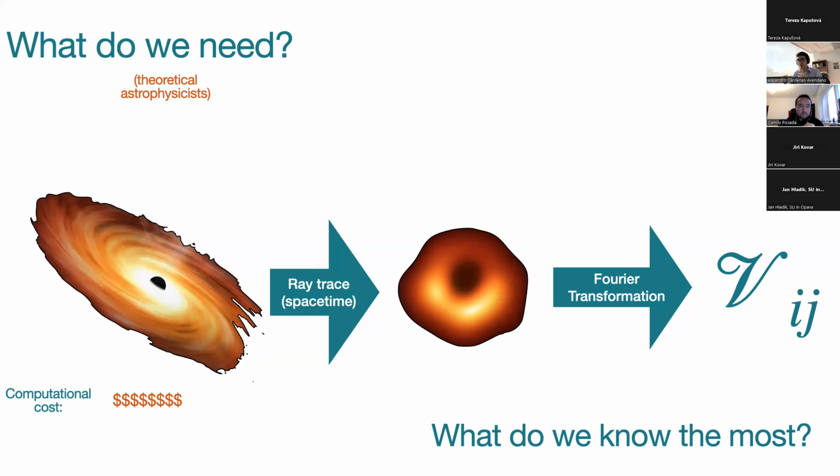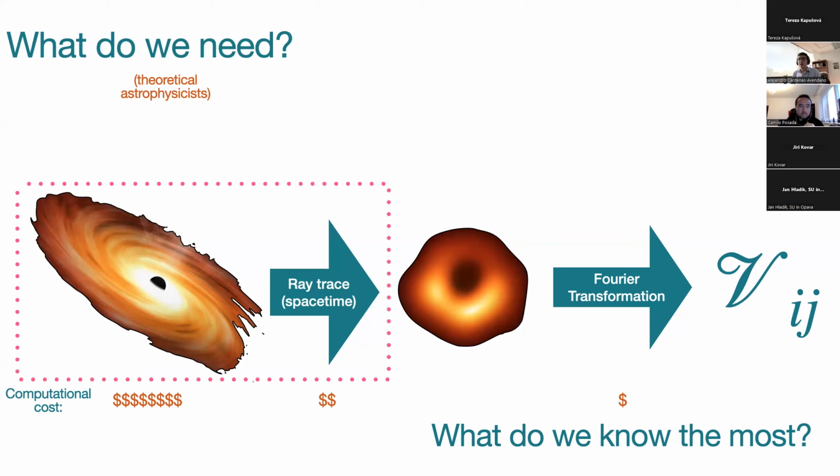and that's why it's so hard to do this type of simulation. Then ray tracing is fairly simple. You, in principle, can just integrate the geodesic. Fourier transform is also very cheap. Actually, the algorithm used nowadays is called the fast Fourier transform because we can do that fast.